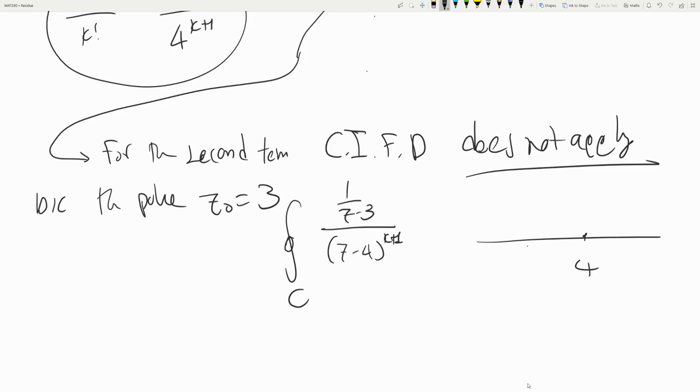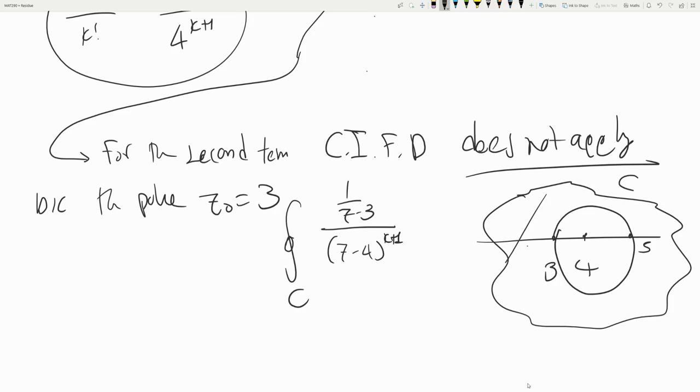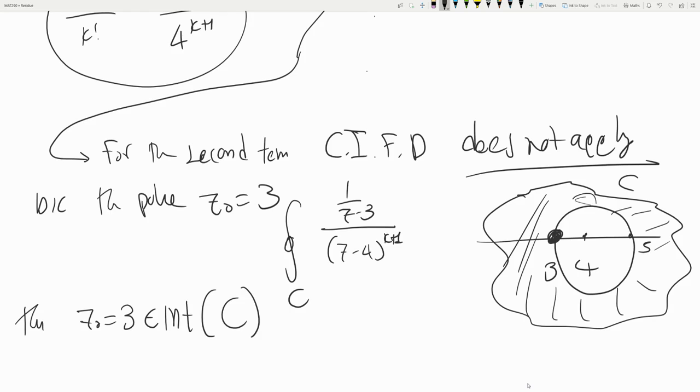So here's 4, here's 3, here's 5. And this is the contour C. The pole z equal to 3 is inside the interior of C. Okay, so remember, in the Cauchy integral formula, this guy should have been analytic, but it's not.